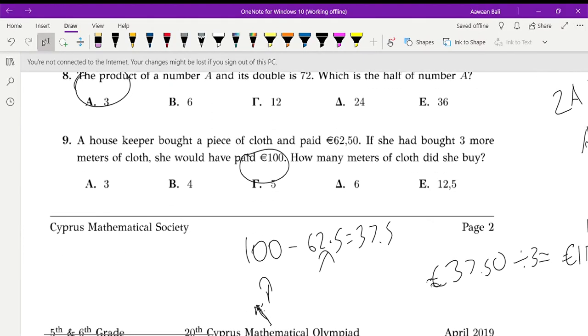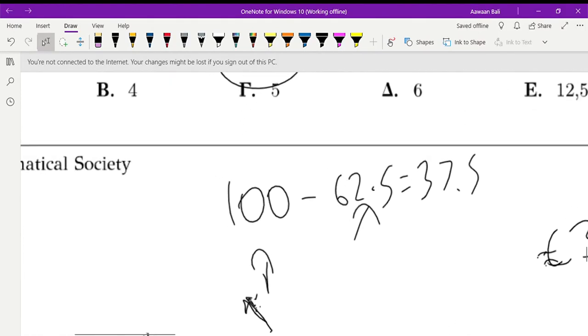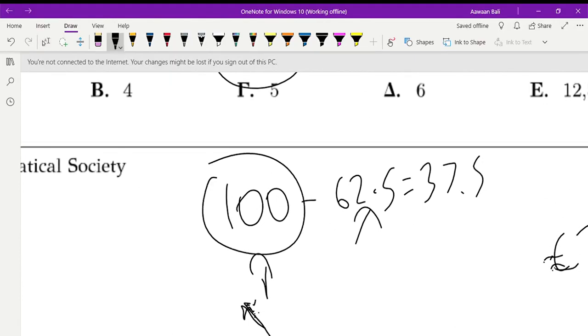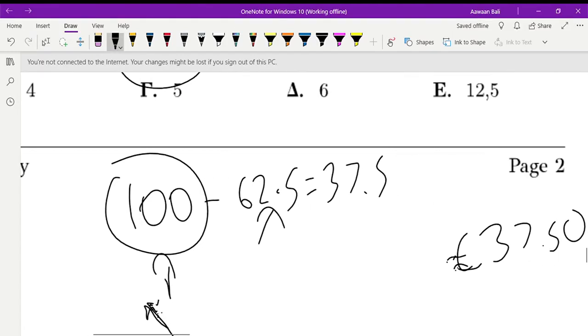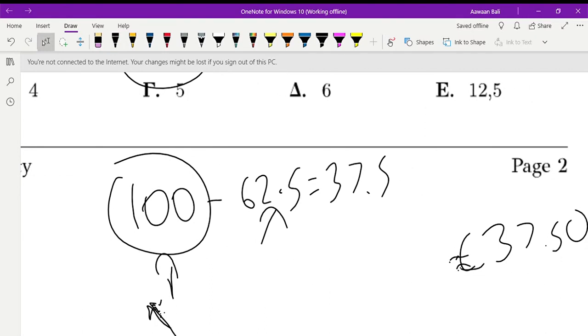Okay, just for a quick review of that method. €100 is the price of the meters of cloth the housekeeper bought plus 3 meters more. So minus €62.50, so this is €100 and this is €62.50, to get €37.50. €62.50 is the price of the amount of meters that the housekeeper actually got.